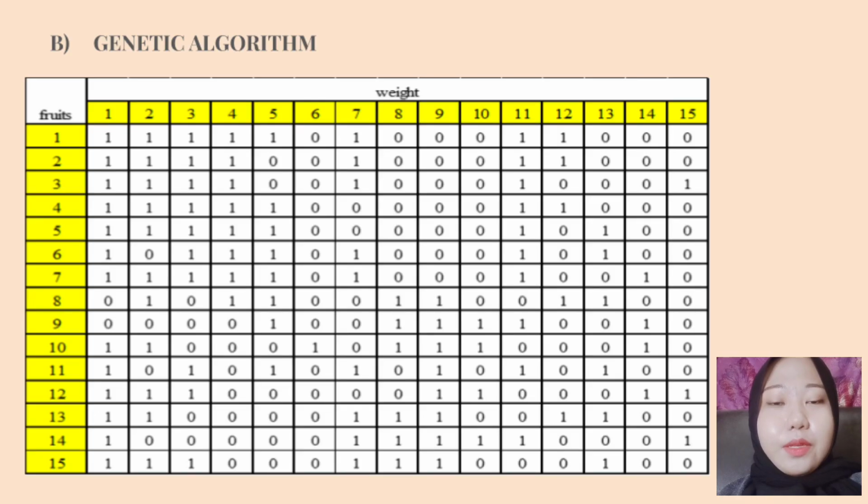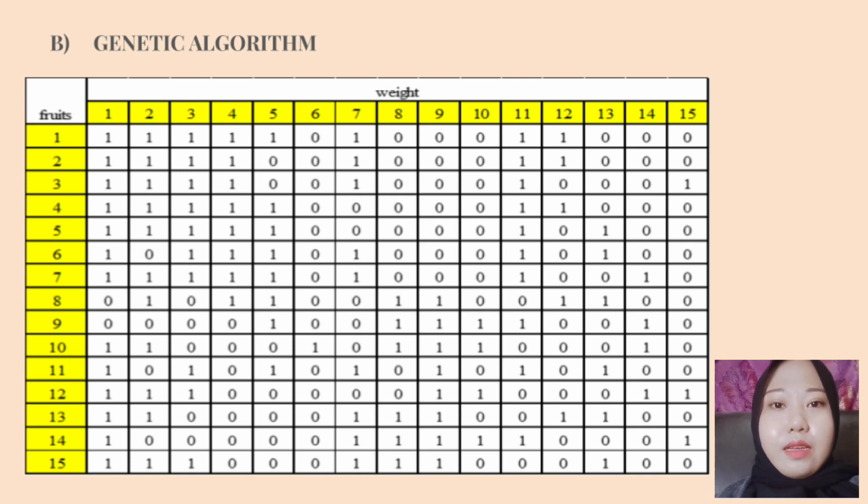The second method that we use in this study is the genetic algorithm. A genetic algorithm is a search heuristic that is inspired by Charles Darwin's theory of natural evolution. This algorithm reflects the process of natural selection, where the fittest individuals are selected for reproduction in order to produce offspring of the next generation.